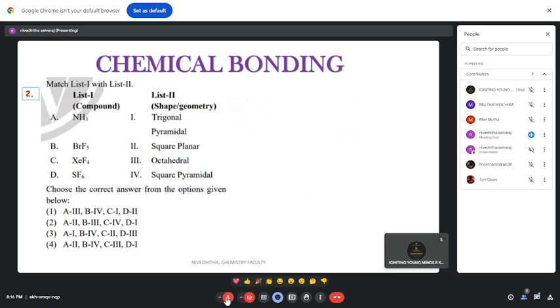So check the hybridization and check the shape using the tabular column, and please match those. After finding the shape of one molecule, please screen the options, okay?